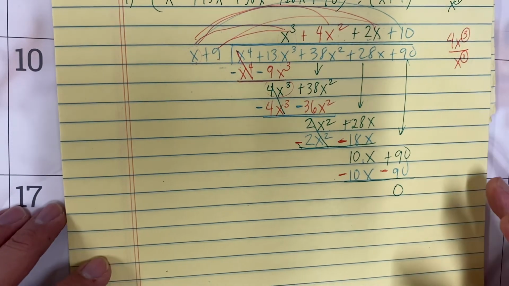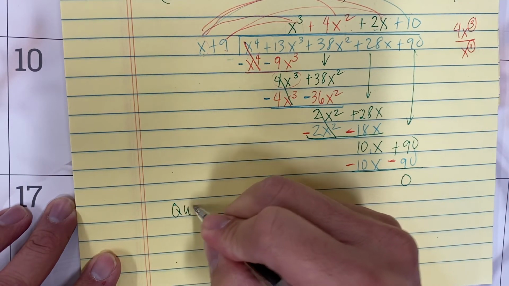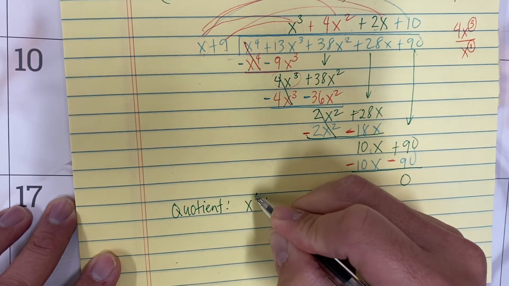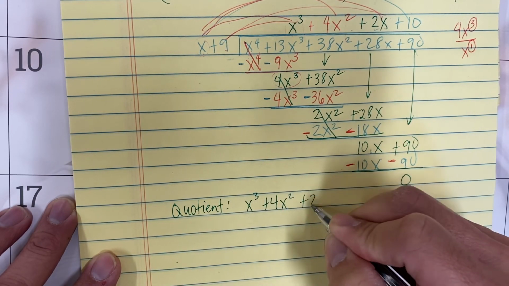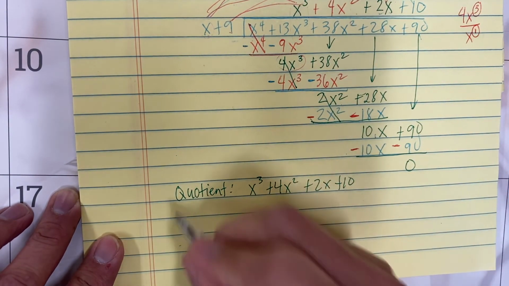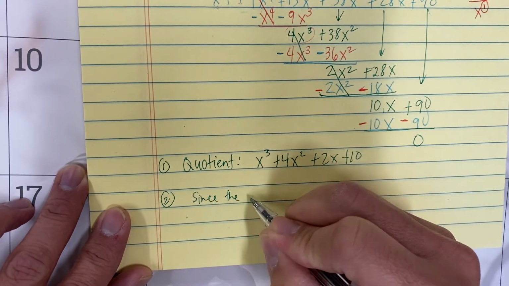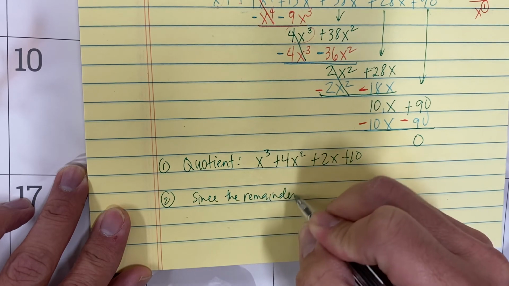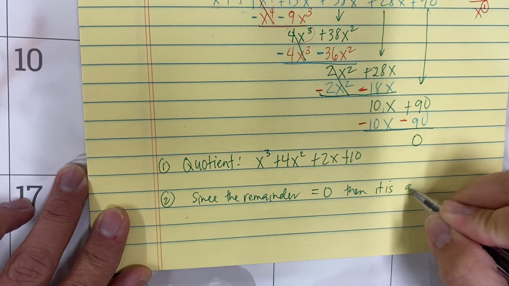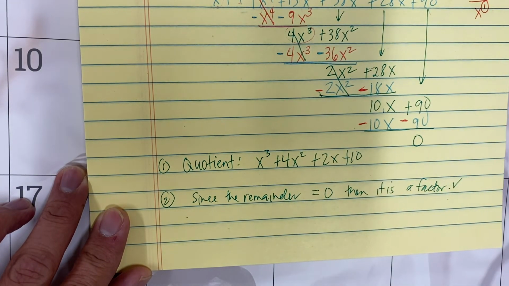Okay? 2 things that you have to learn here. Number 1, the quotient or the answer is x cubed plus 4x squared plus 2x plus 10. Okay? This is the quotient. Number 2 that you have to learn here is that since the remainder is equal to 0, then the divisor is a factor.